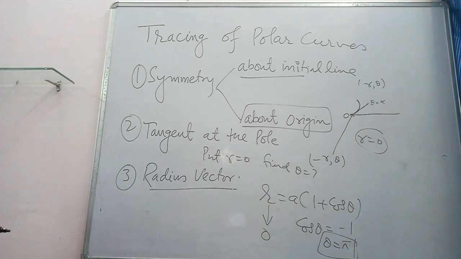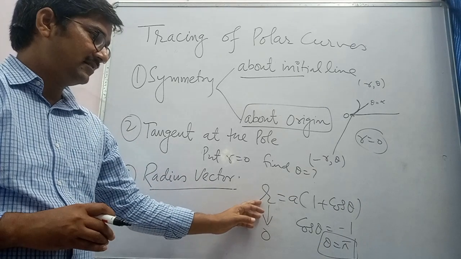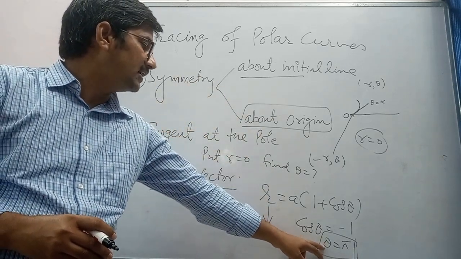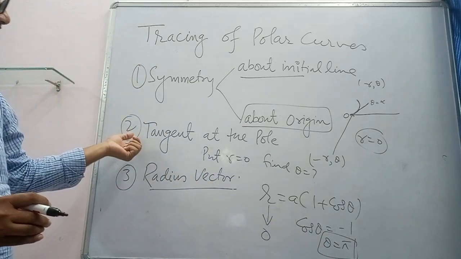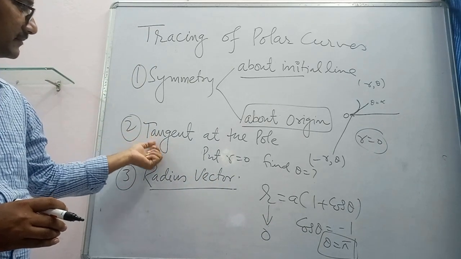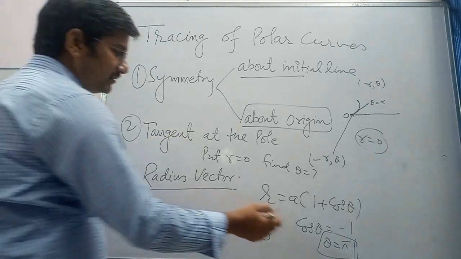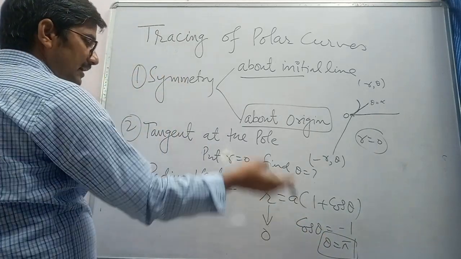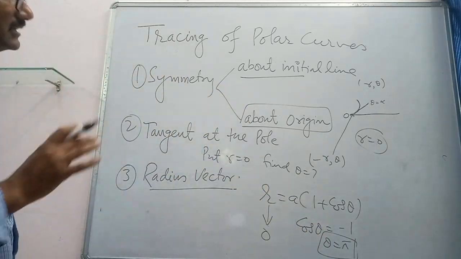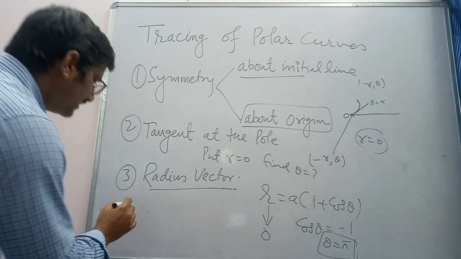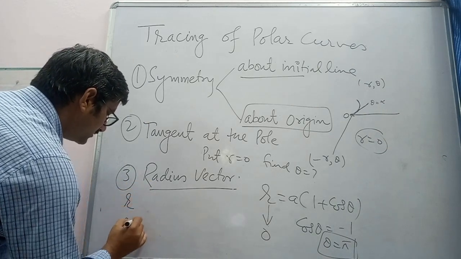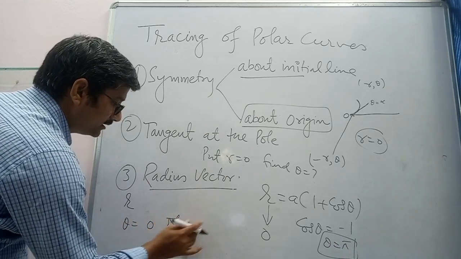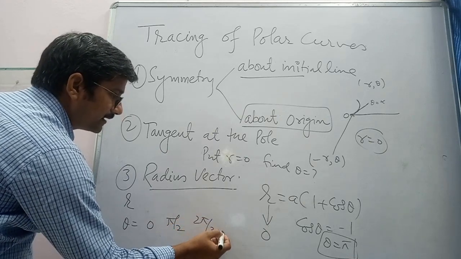Now we will find the value of r for those theta at which the tangent at the pole is not calculated. So we will not find the value of r at theta equal to pi; we will find the value of r at all theta except theta equal to pi. That means we can find r for theta equal to 0, pi by 2, 2 pi by 3, not pi.